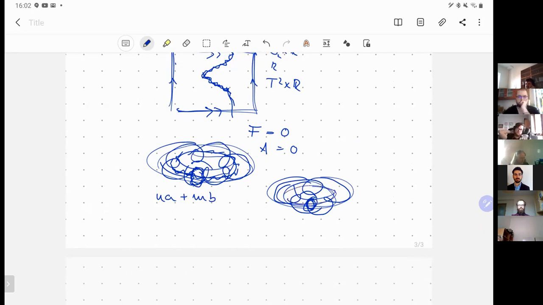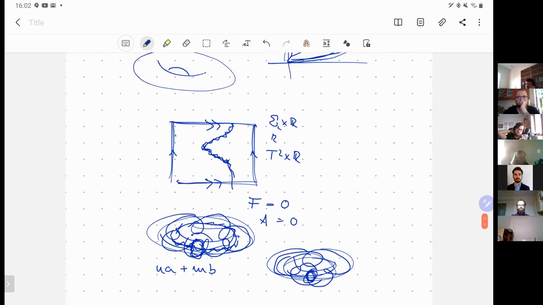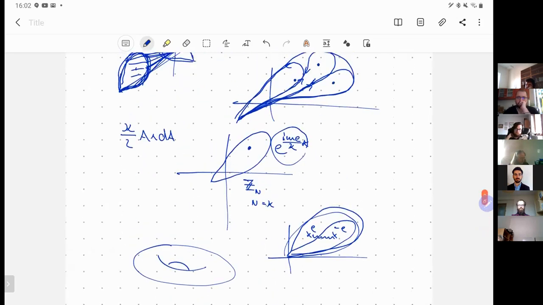Again, it's interesting that these lines could appear non-trivial, but they are actually not doing anything. That's for the same reason as these flux-attached spaces.